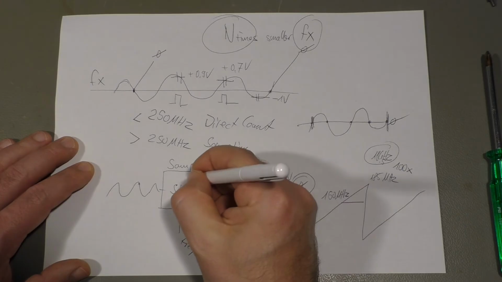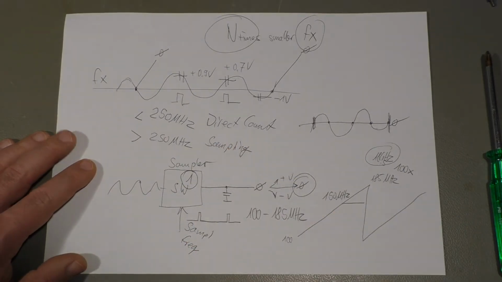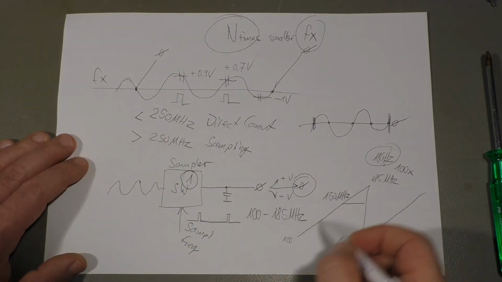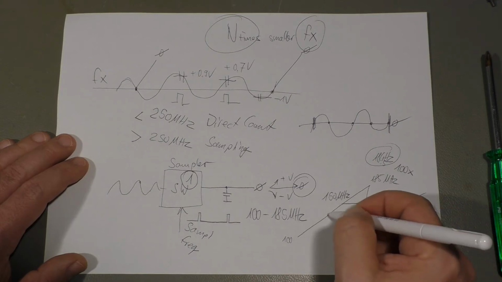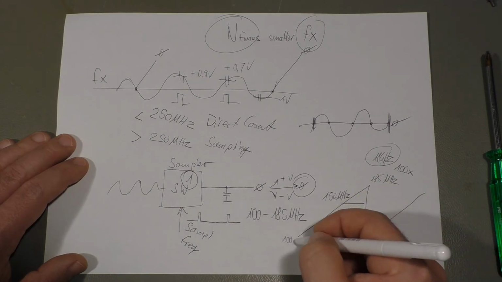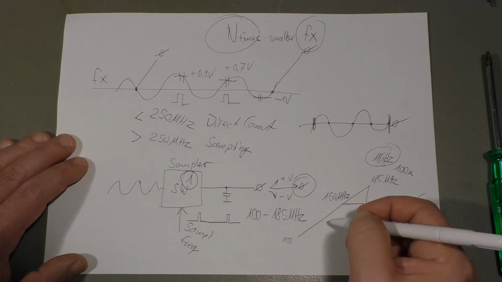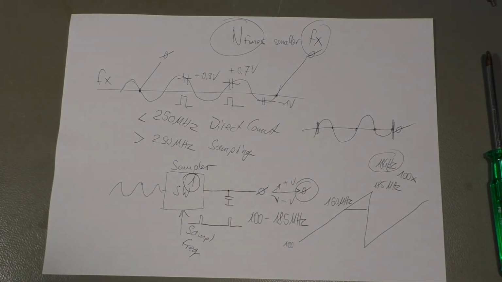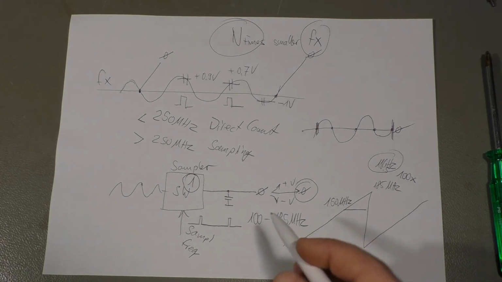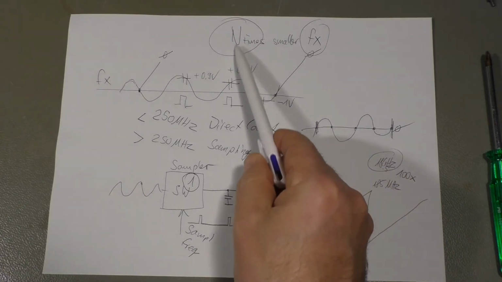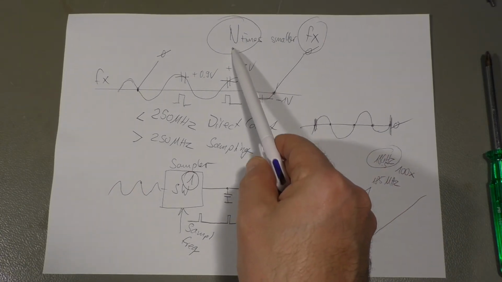So that's what sampler number 1 does. It just checks where is my phase lock, where could it be between 100 and 185 megahertz. And the second sampler, which I have shown you in the device, which is almost identical, is there to find out what the factor n is.